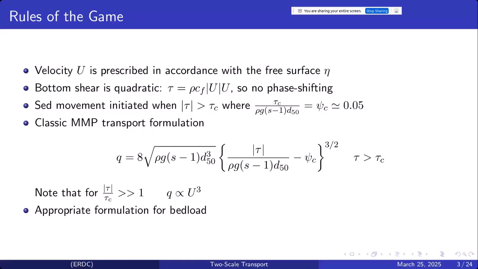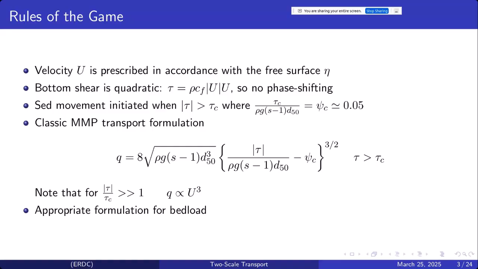And we're going to say that we have sediment initiation when we overcome the Shields parameter. The critical Shields stress, tau C, is essentially a ratio of the shear stresses acting on the surface of a sand grain and the restoring force, which is gravity.